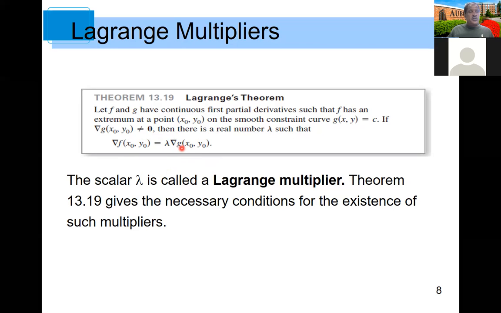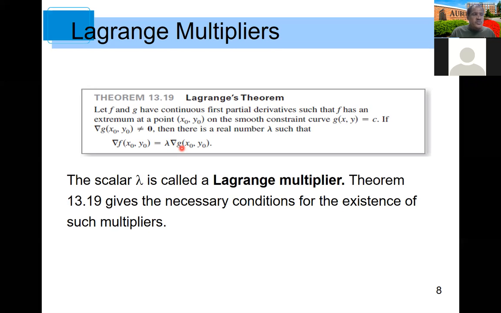It says that these two vectors are parallel. They are in the same direction if lambda is greater than 0, in the opposite direction if lambda is less than 0, but they are parallel, okay?